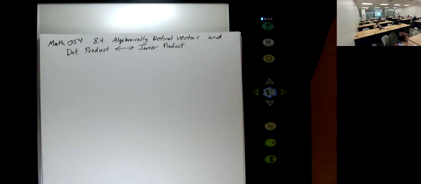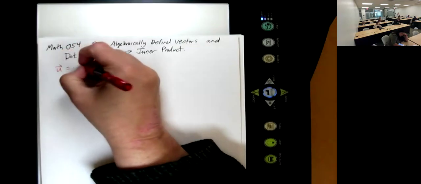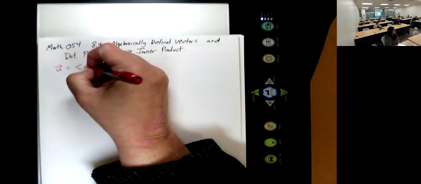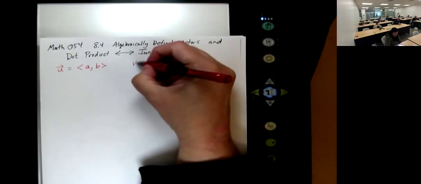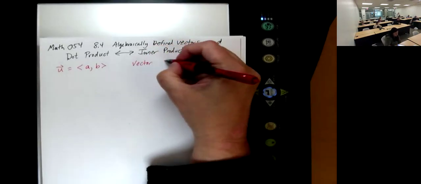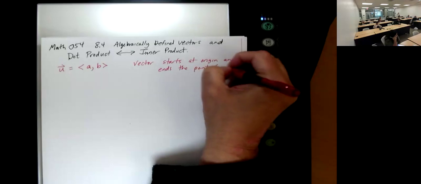Now, in 8.3, we had talked a little bit about treating u as a vector, writing it with a comma b. This is a vector that starts at the origin and ends at the point or coordinate (a, b).